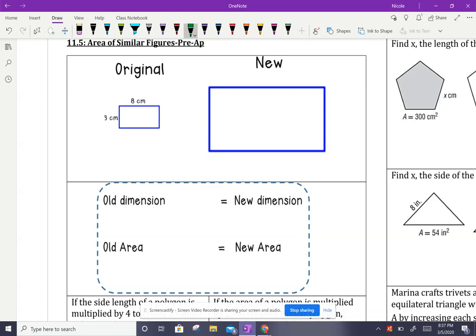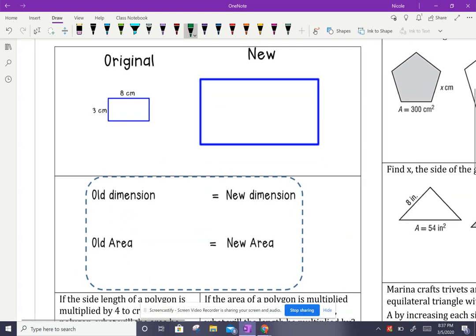So when we do our similar triangles, we will have our original shape, like I have this rectangle here with sides of 3 and 8, and I have a new shape. So if I say I am using a scale factor, SF is going to stand for scale factor, and I say my scale factor is going to be 3.